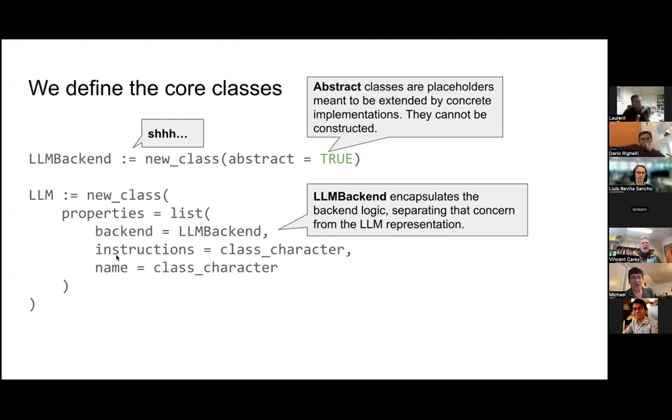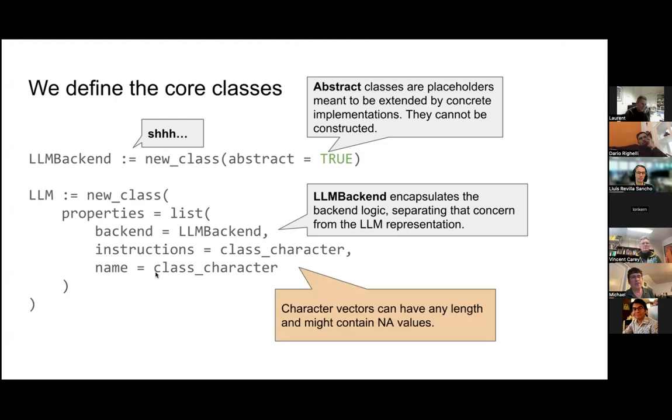I haven't shown inheritance yet, but I'm showing how you would define a class of properties. There's one issue we always end up with when doing programming in R. It's so hard to write software in R, because you say, I just want to use a character vector, but it's an array of strings, and you might not want it to have NA values, or you might not want it to be anything other than length one.